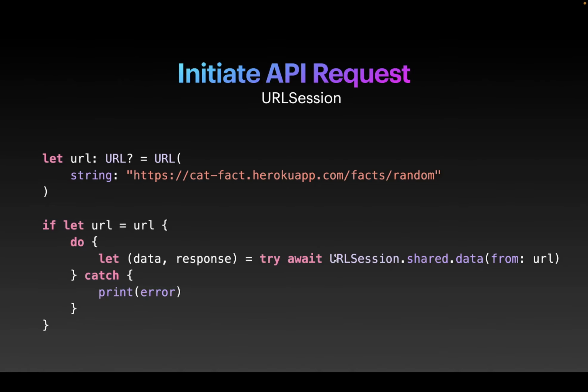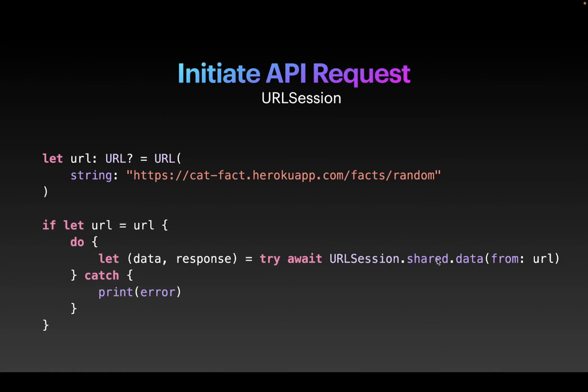And we can call URLSession.shared.data. The shared is a singleton defined in the standard library. You can get the singleton out by calling .shared, and it has a function named .data, which can initiate the web API request.